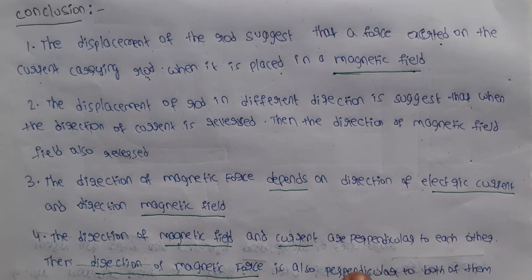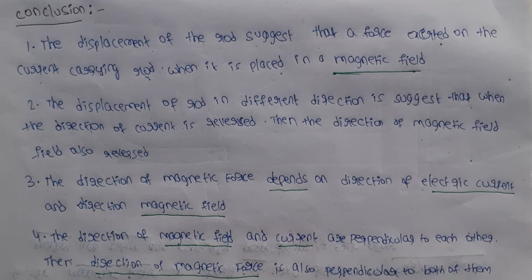Also, the displacement of the rod depends on the magnetic field direction. When the magnetic field is in the upward direction, the displacement of the rod is one type. When the magnetic field is in the downward direction, the displacement is of a different type. So the displacement of the rod depends on the magnetic field and current.